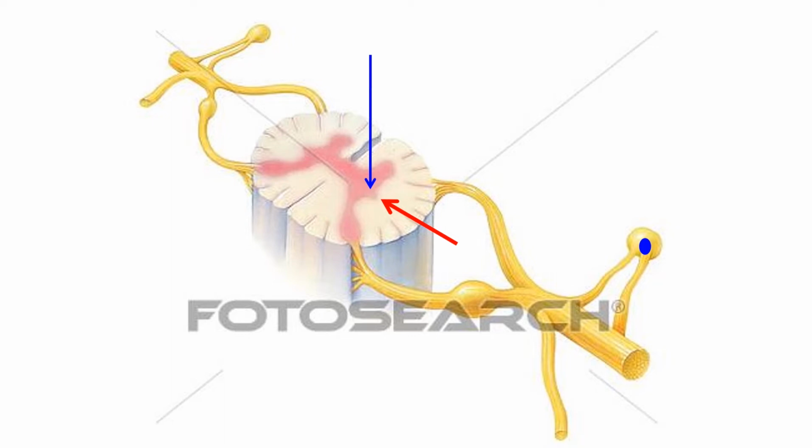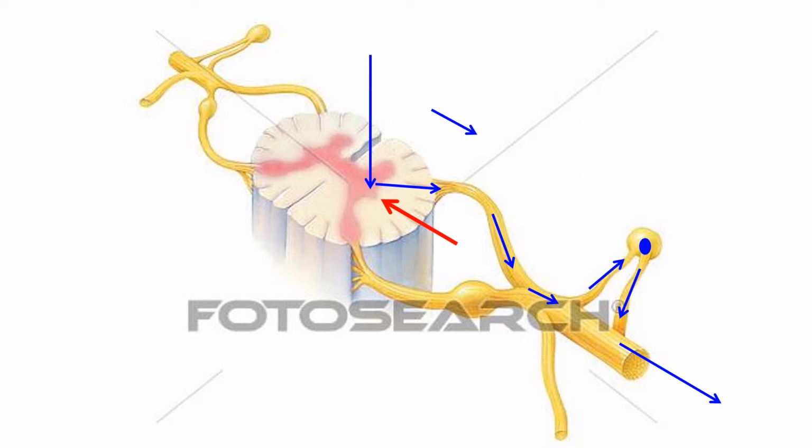The upper motor neuron, the axon is going to end up in the lateral horn, and then through the ventral root the axons will go and reach the spinal nerve, and they leave the spinal nerve to synapse in a ganglia of the sympathetic trunk, and the ganglion is going to send its axon to travel through the spinal nerve to reach internal organs.